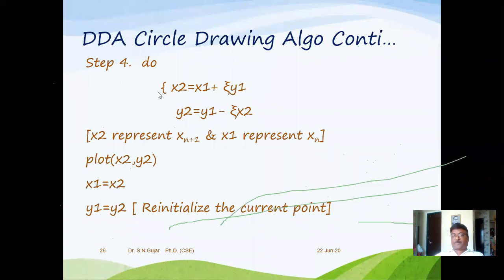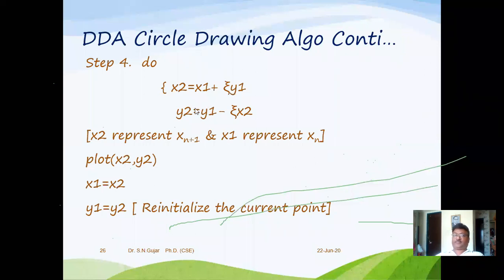Means the next step is, again I am going to calculate x3 is equal to x2 plus epsilon y1, y3 is equal to y2 minus epsilon x2. Means x2 becomes x3. So this is the next step. Then come x4 y4, then x5 y5, x6 y6. Likewise you have to proceed and complete it.